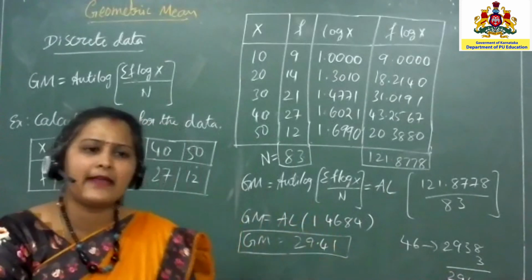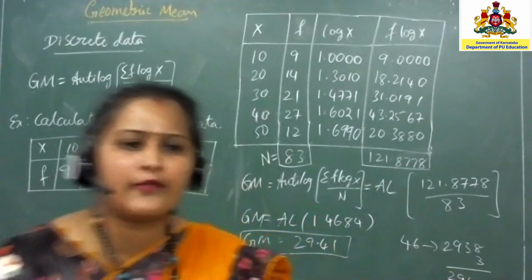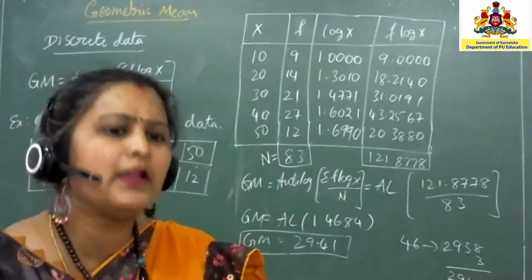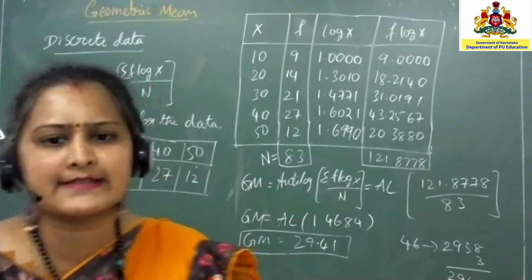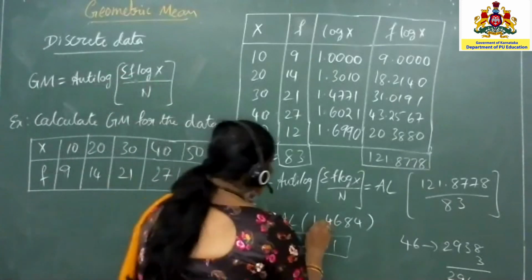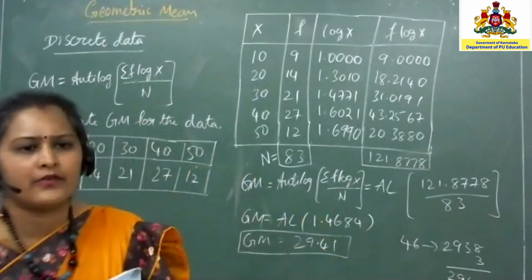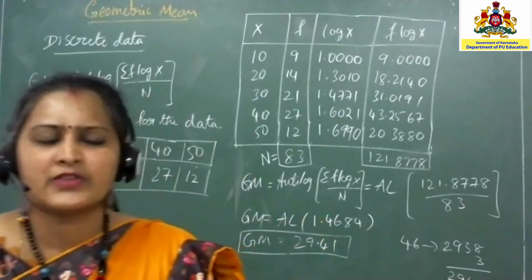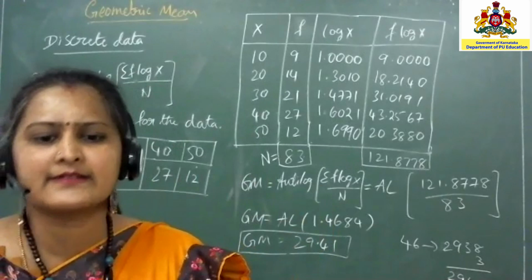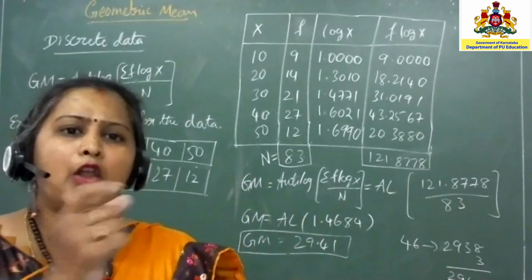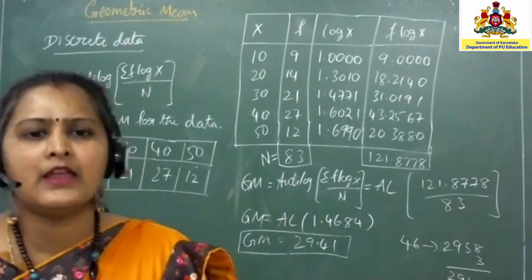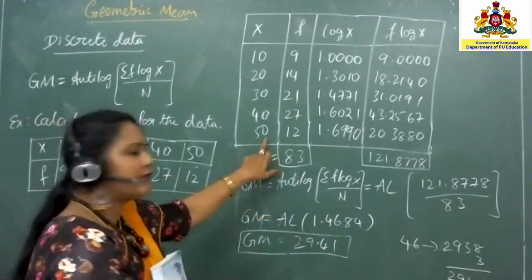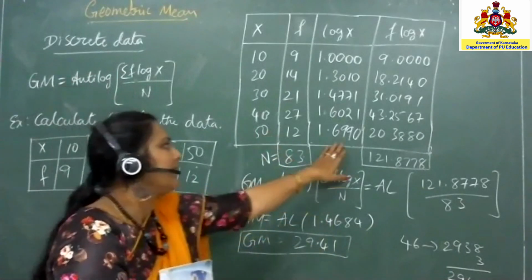In a very simple way, you can find this from the scientific calculator: shift log 1.4684, and you will get directly 29.41 something. If you want to find log values from the scientific calculator, press log and then the value, so log 50 equal to, and you will get it directly.